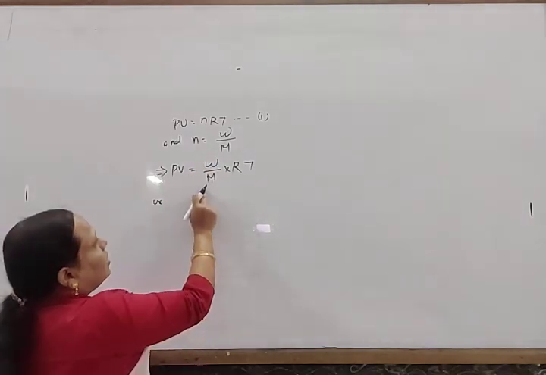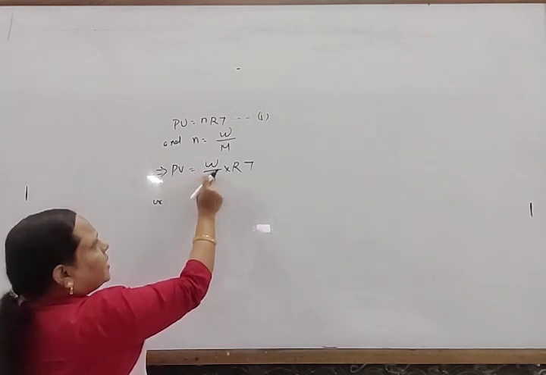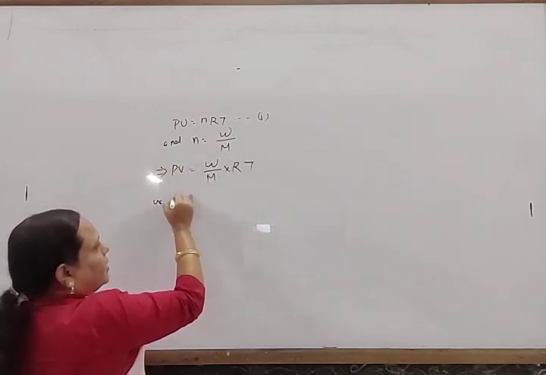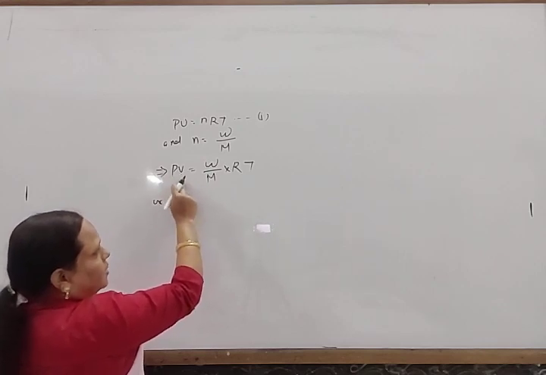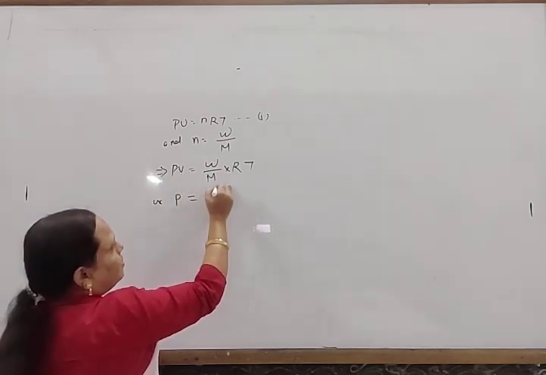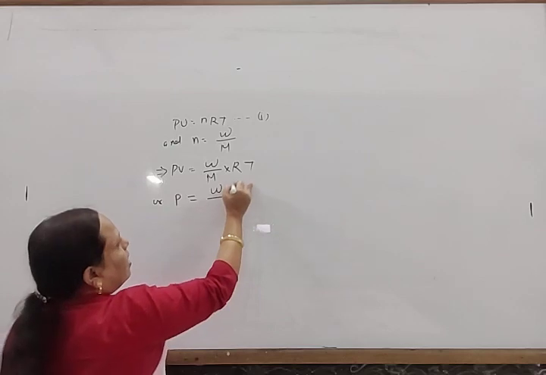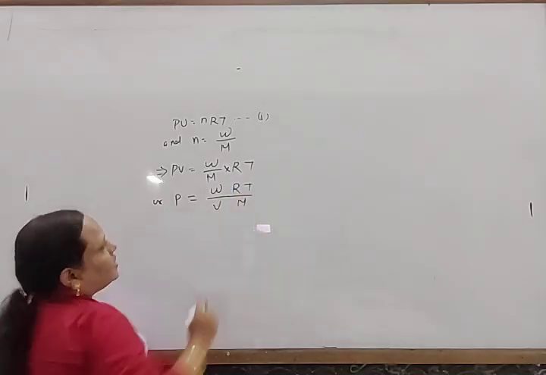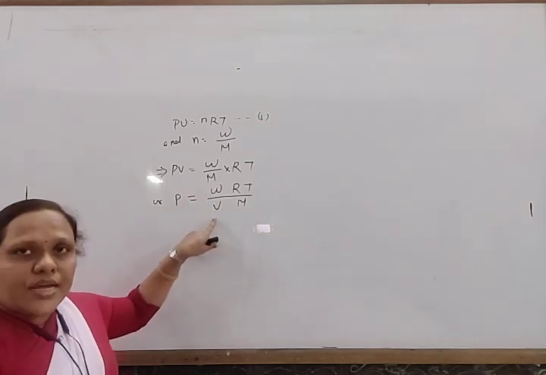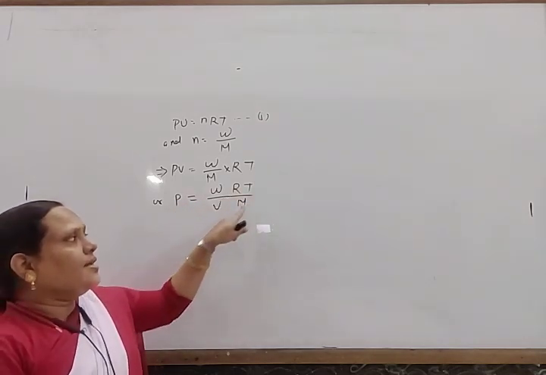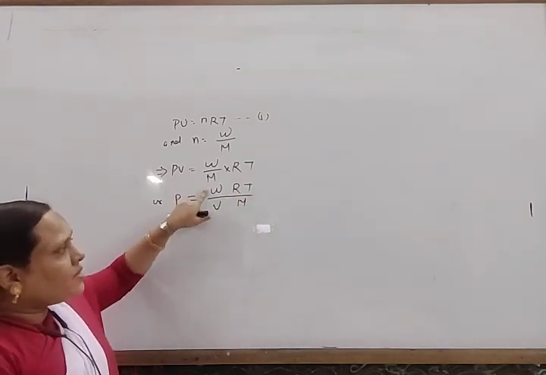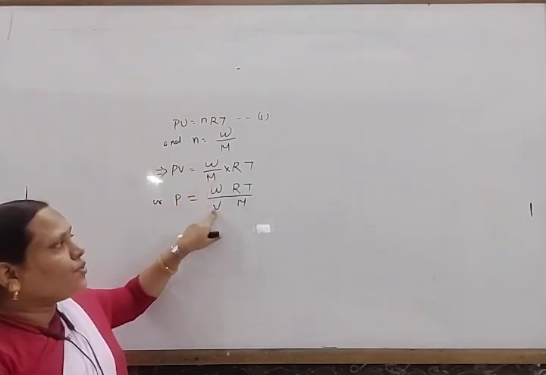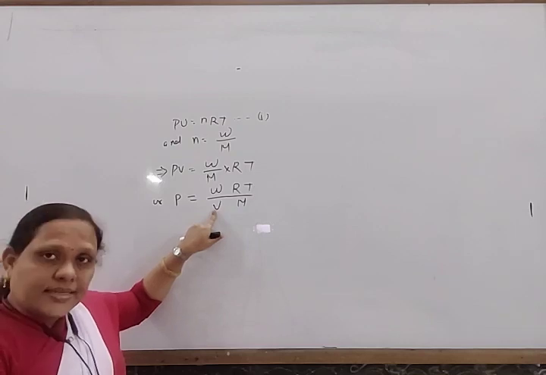This W by M is another form, and then we can write P equal to WRT by MV. So W by V is the weight of the substance by its volume, and weight by volume gives the density.